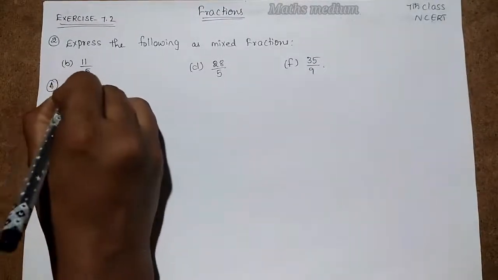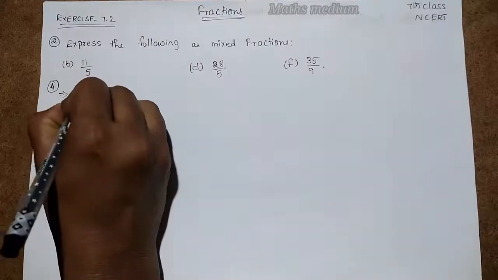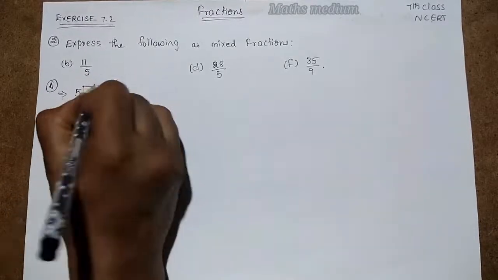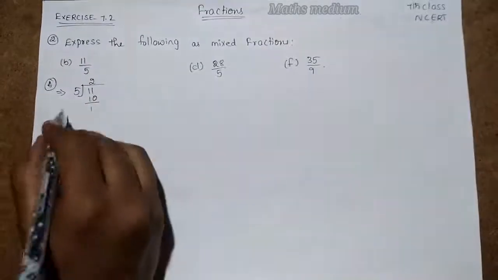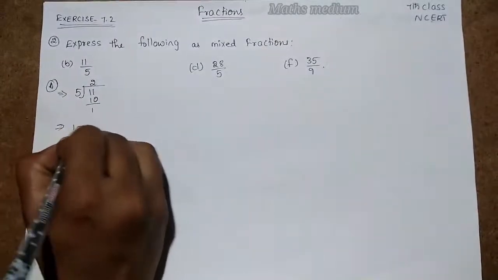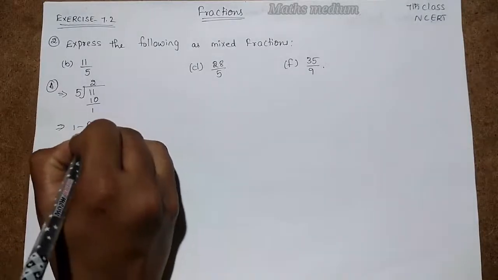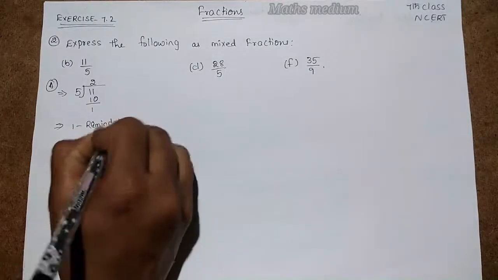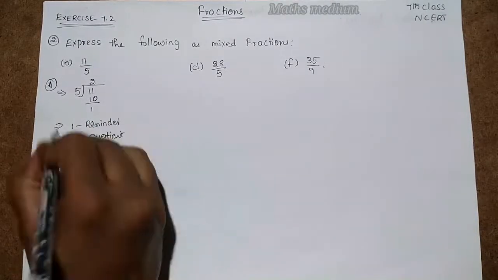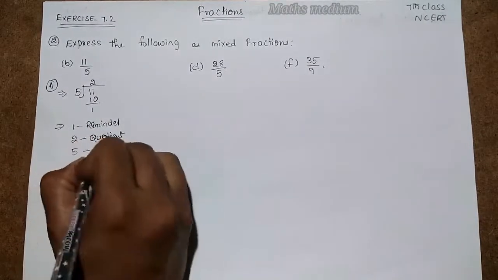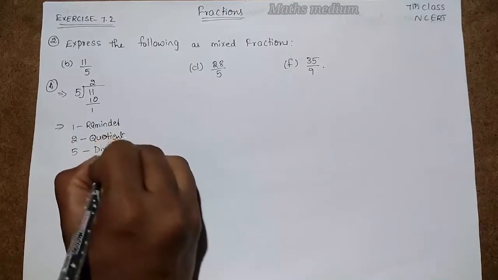So dividing method, that is 5 divides 11. 5 2s are 10. So remainder is 1. So here 1 is remainder and 2 is quotient and 5 is divisor, right?